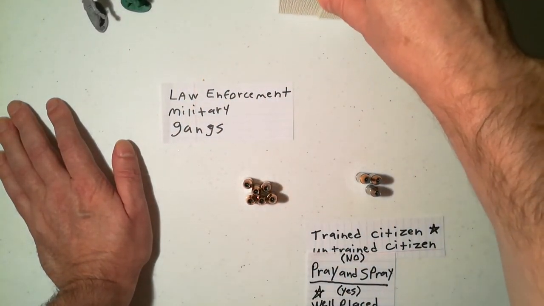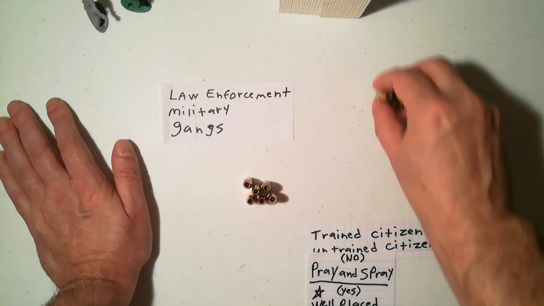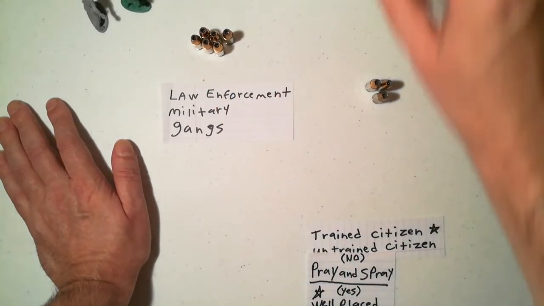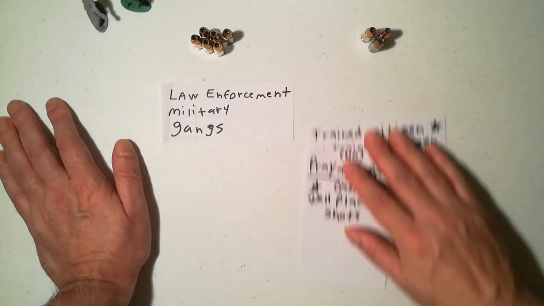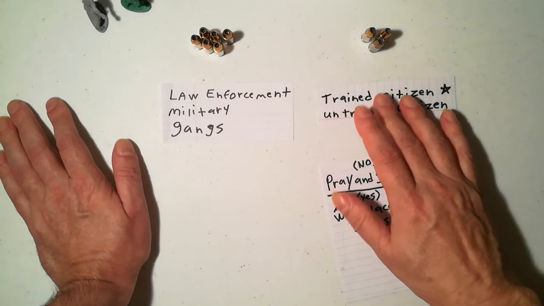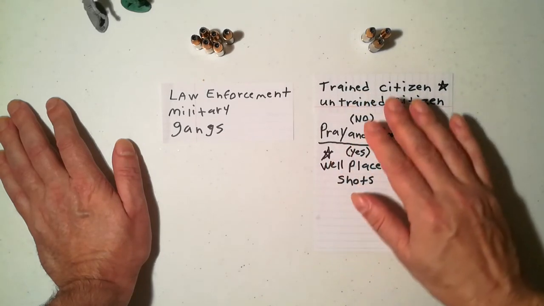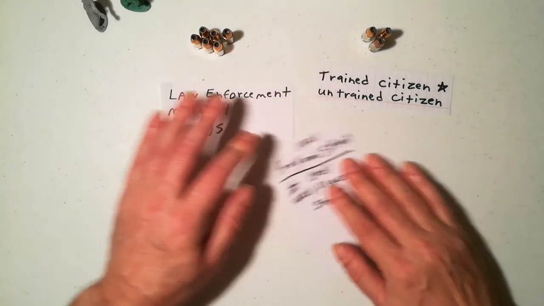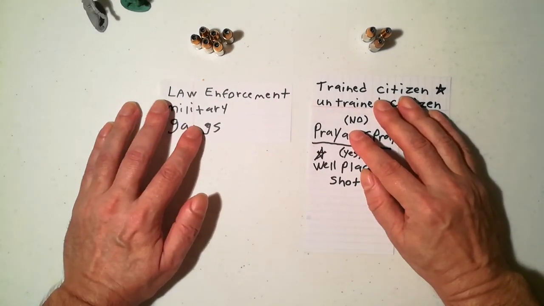So a lot of people look at this the wrong way, and they don't understand that the research is corrupt. The research isn't correct on what it takes for a trained armed citizen to defend themselves, as far as more than just ammo capacity, but caliber and stuff like that.